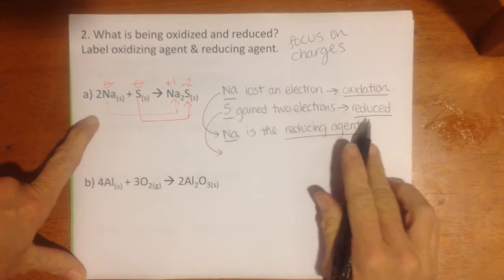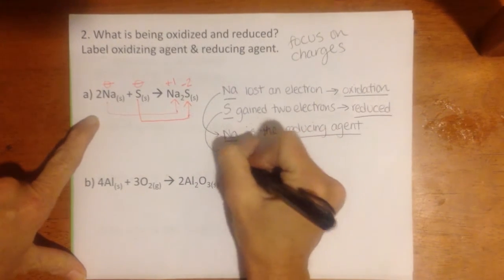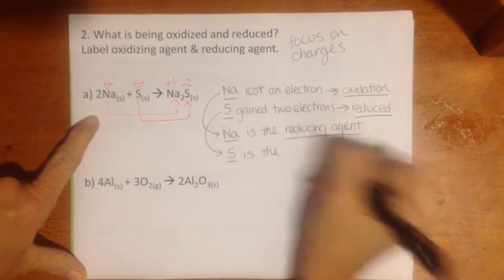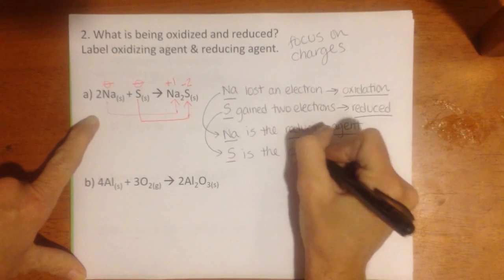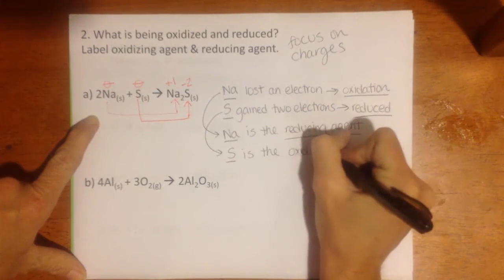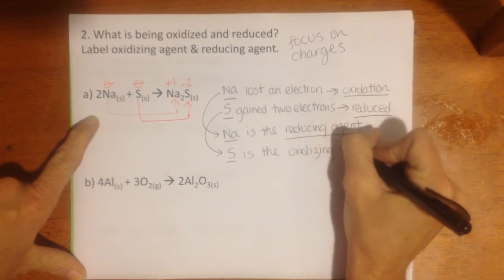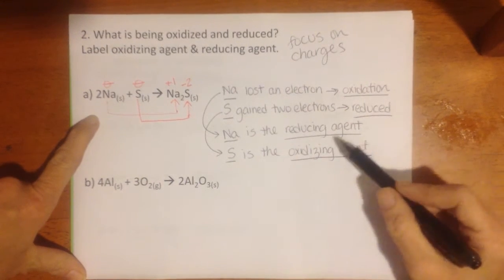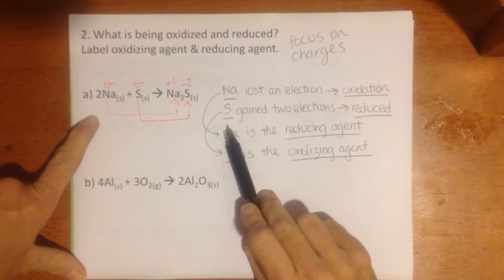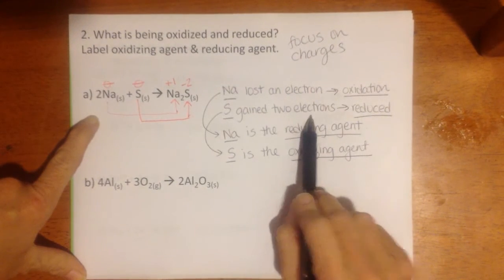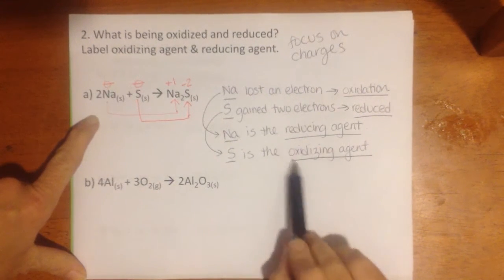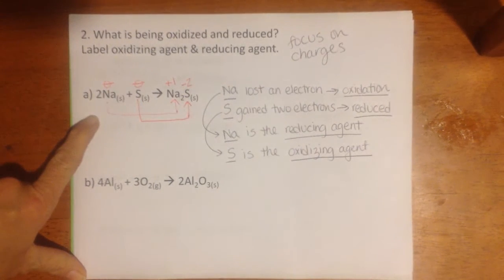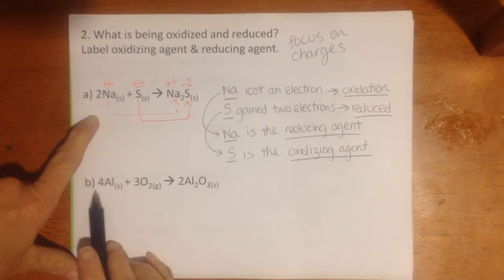Since sulfur was reduced, it will automatically be the oxidizing agent. When sulfur gained 2 electrons, it allowed someone else to be oxidized or lose electrons. That's why it's an oxidizing agent.